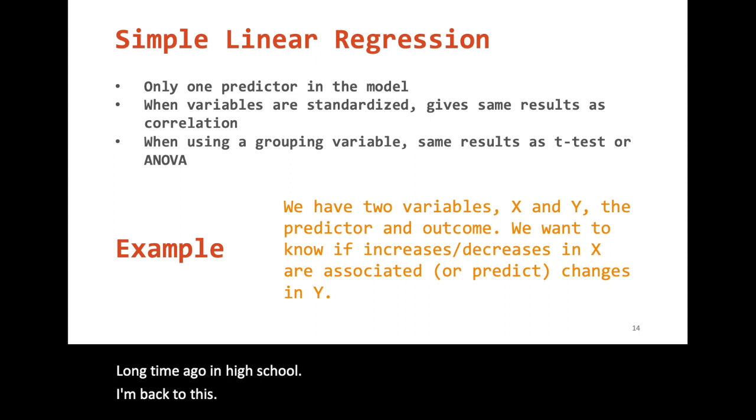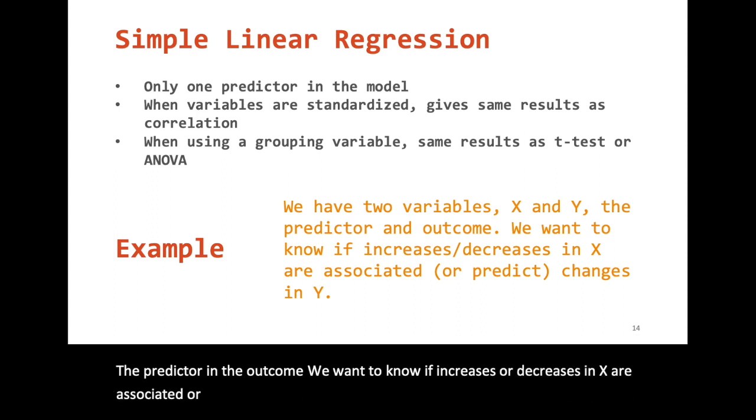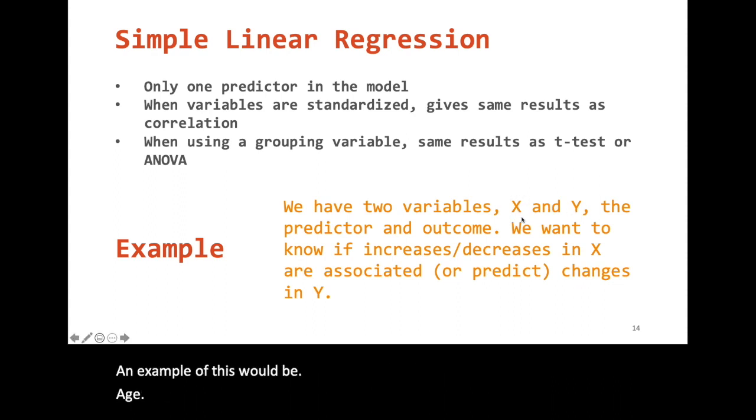All right, back to this. An example would be we have two variables, x and y, the predictor and the outcome. We want to know if increases or decreases in x are associated with or predict changes in y. An example of this would be age being the x variable, height being the y variable.